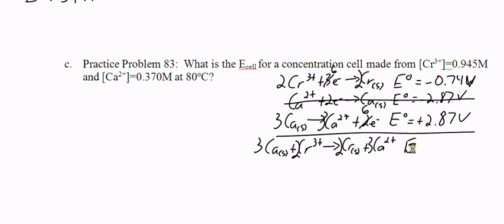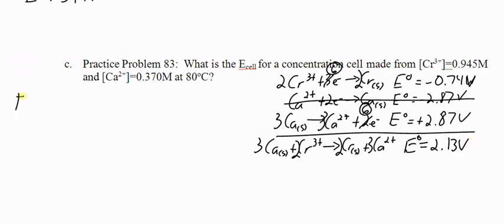And what this does for me is it gives me the correct coefficients, which is going to certainly have an effect on the way that I'm calculating my Q value. It also then establishes the value for N, but thankfully it has very little effect on my calculation of the standard cell potential for the cell. And the standard cell potential is going to be 2.13 volts.